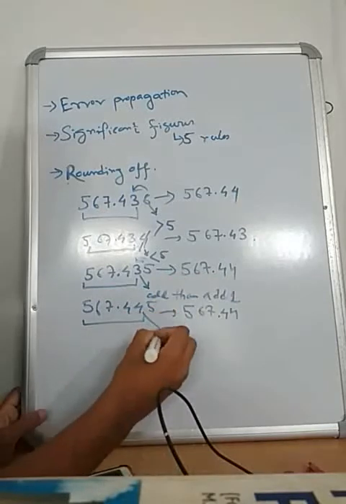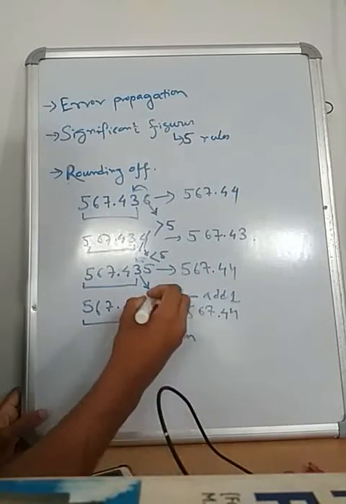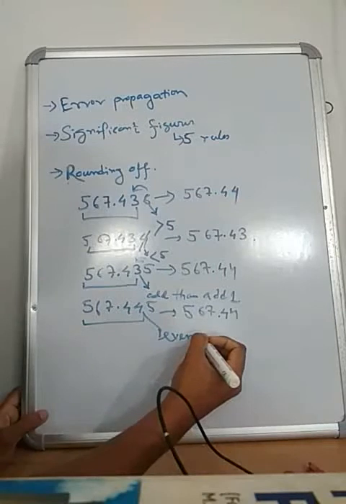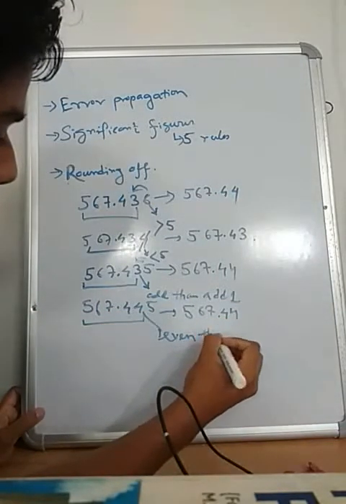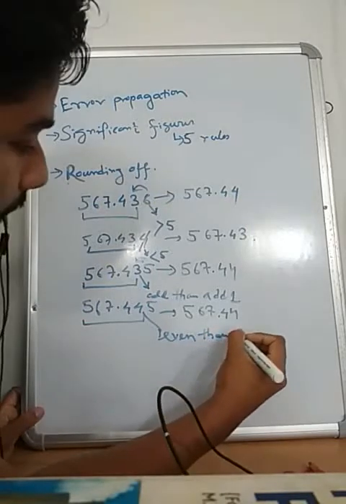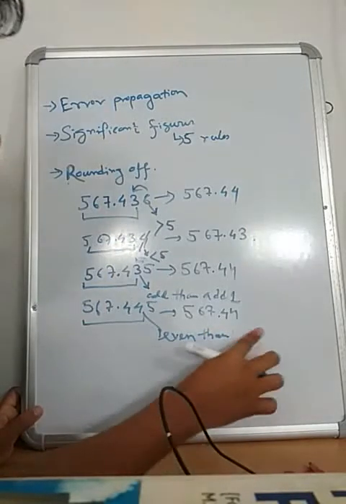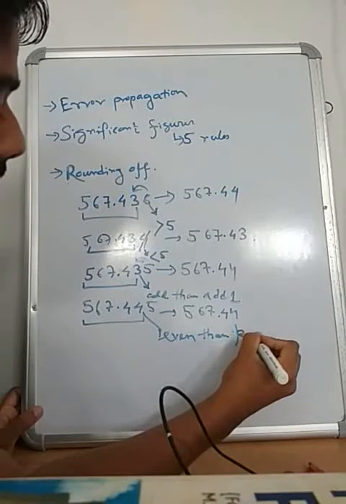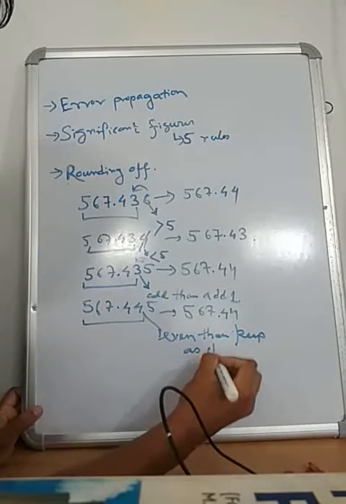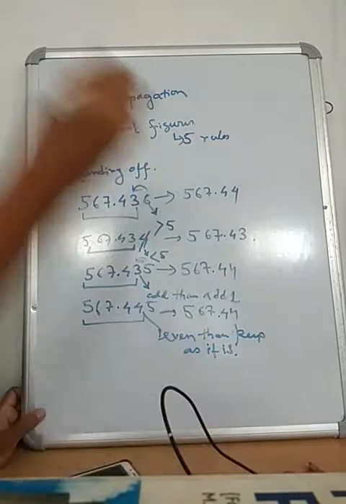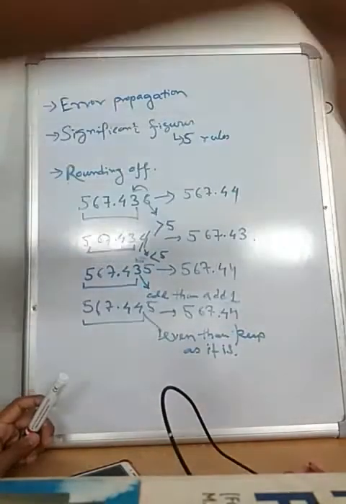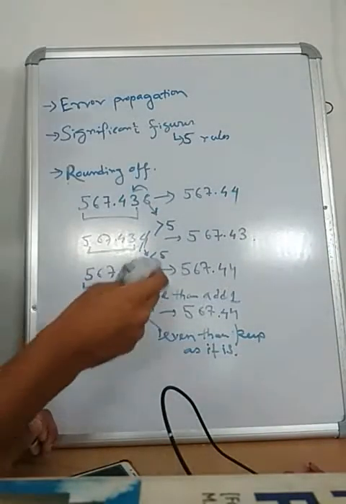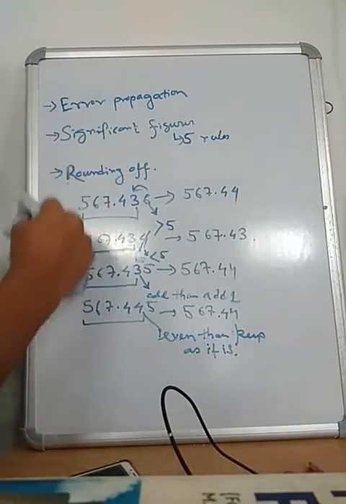If it is even, we keep it the same and neglect the last term or remaining terms. These are the rules for rounding a number up to certain significant figures.